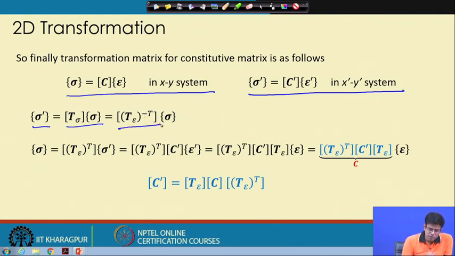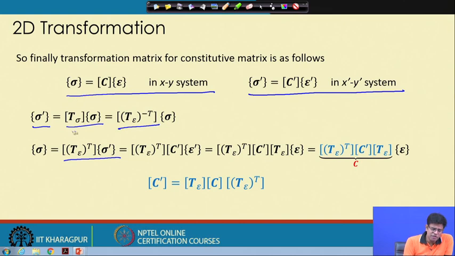With this T epsilon inverse transpose, I can again write it as T epsilon transpose sigma prime.